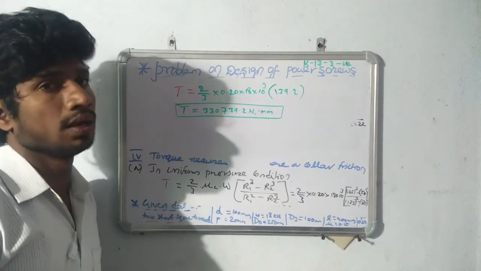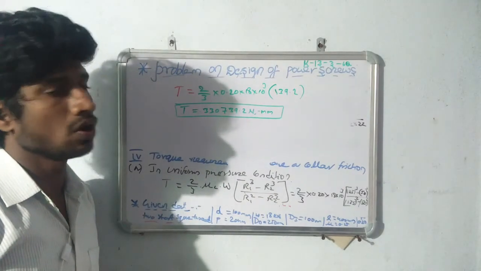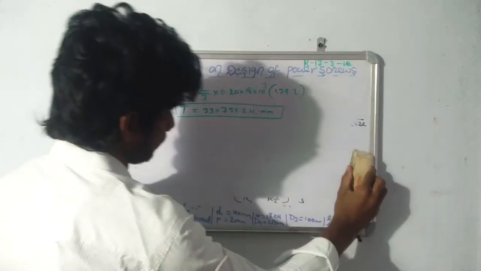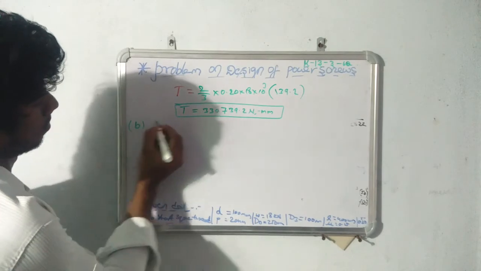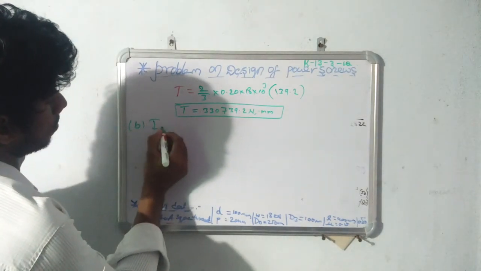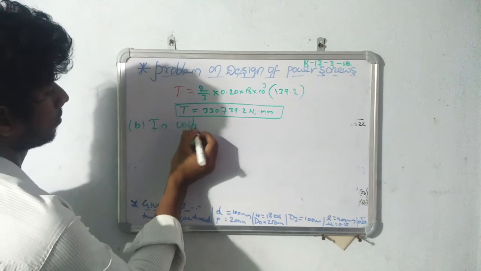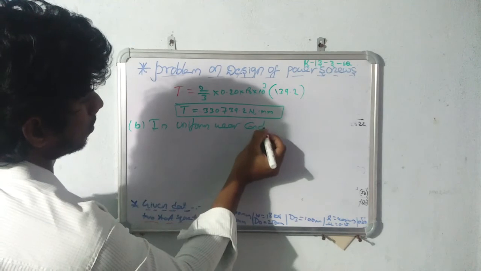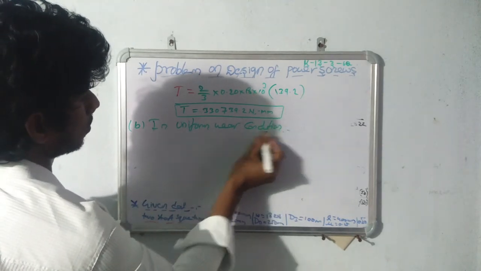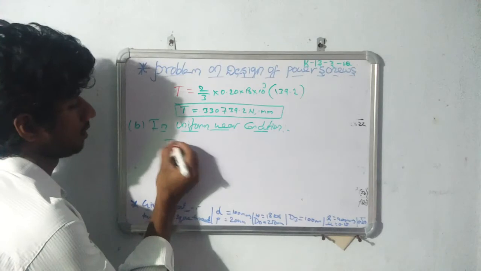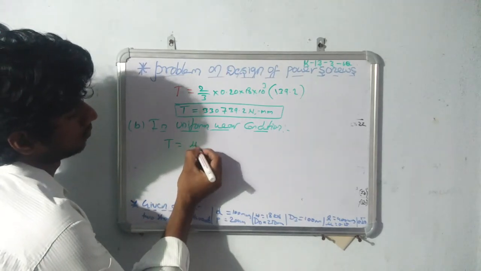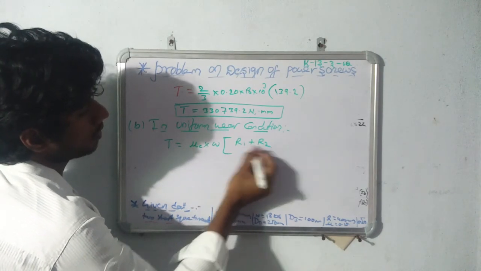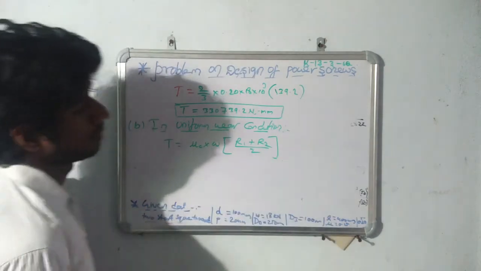Similarly, in case of the uniform wear condition, how much torque is required for collar friction? In uniform wear, T equals mu c into W into R1 plus R2 by 2.